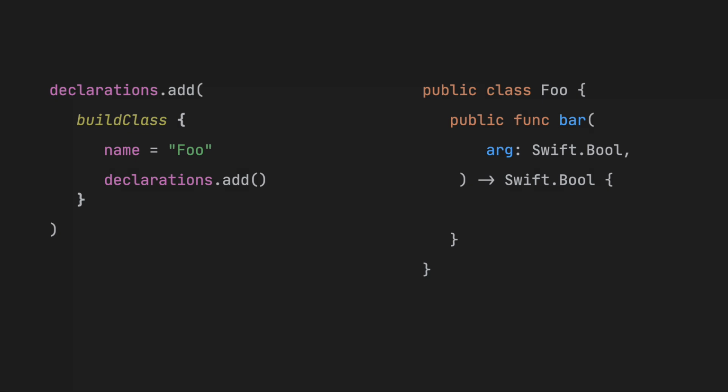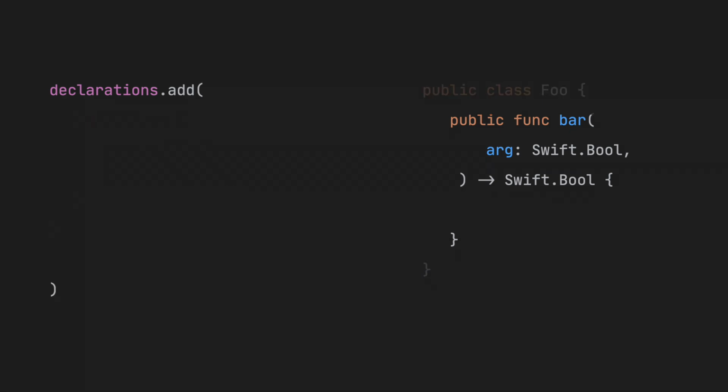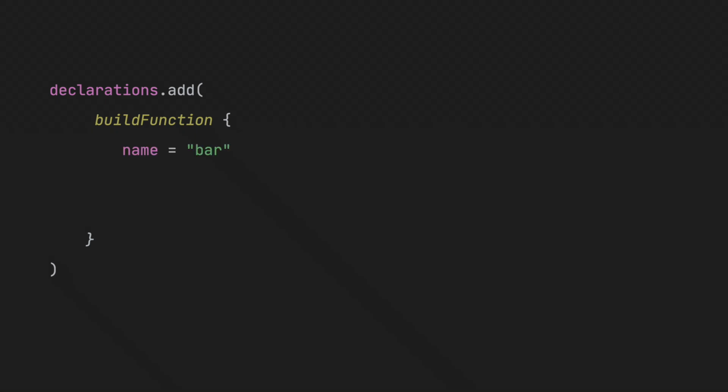In our example, we have a very simple function which takes in an argument and returns a bool. In order to do this, we're going to follow the same exact pattern as we did before. We're going to build an SIR function type. So we're going to build a function, and give it the name of the function. In this case, the type of function, the callable kind, is an instance method.